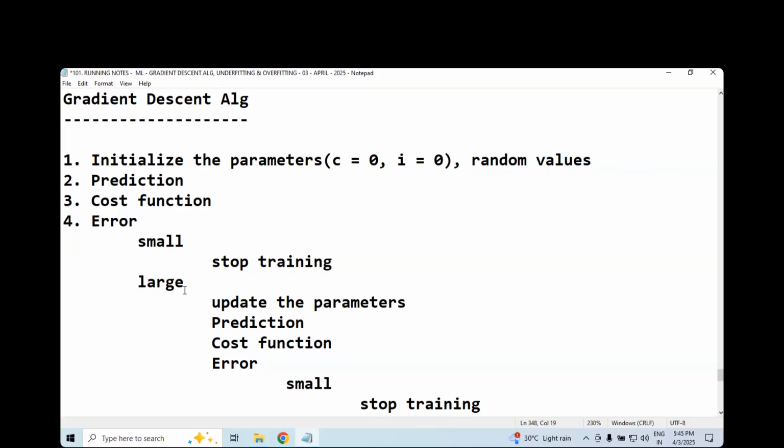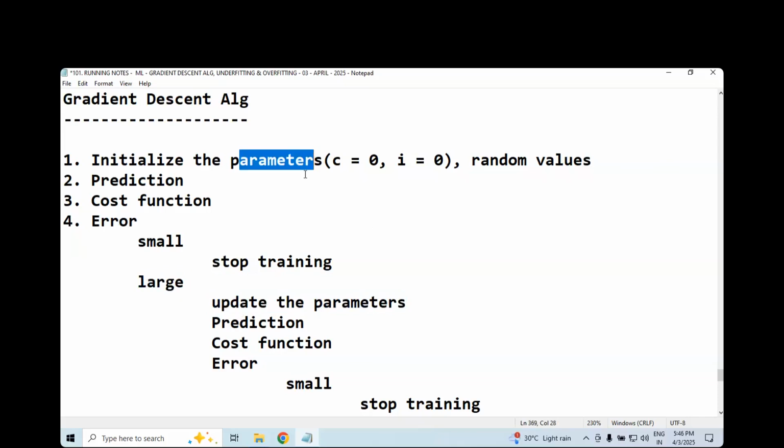If the error is small, stop training; training is not required. If the error is large, update the parameters. Make a note on this. Why did it get a large error? Because of the parameters only.